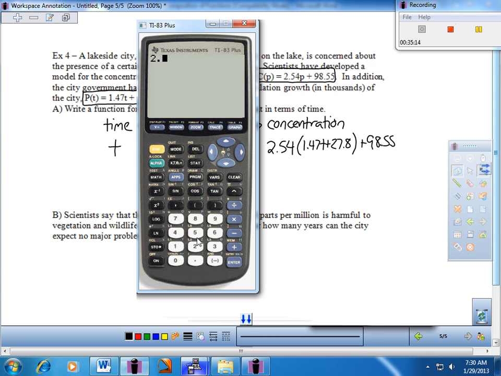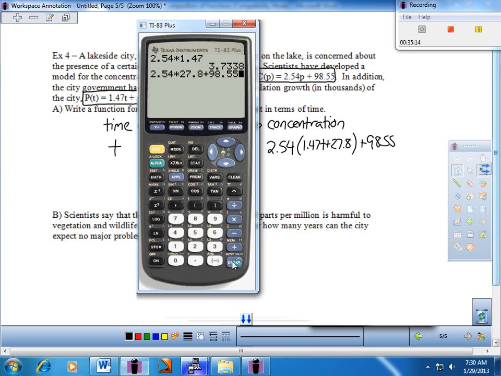So I have 2.54 times 1.47. So that'll be our t value, it looks like. I have that piece. And then 2.54 times the 27.8. So I'm going to distribute that in right here. And I think I'm going to add the 98.55 on the back here. Let's get that as well, might as well.